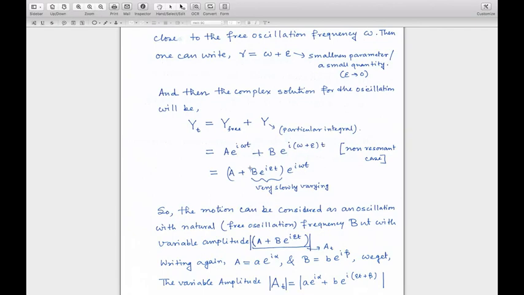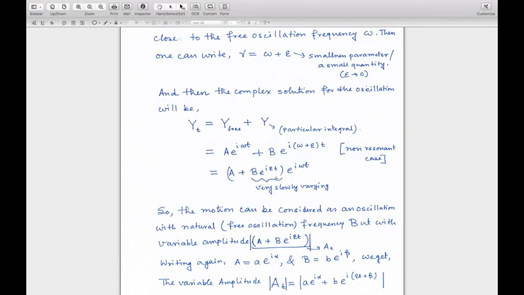Because omega is not exactly equal to gamma, I can always search for the particular integral in the form of e to the power i gamma t. I am not in the resonant case, that's why. So the final solution will be y(t) equal to (a plus b e to the power i epsilon t) times e to the power i omega t. And this one is very slowly varying, because epsilon is very small with respect to gamma and omega.